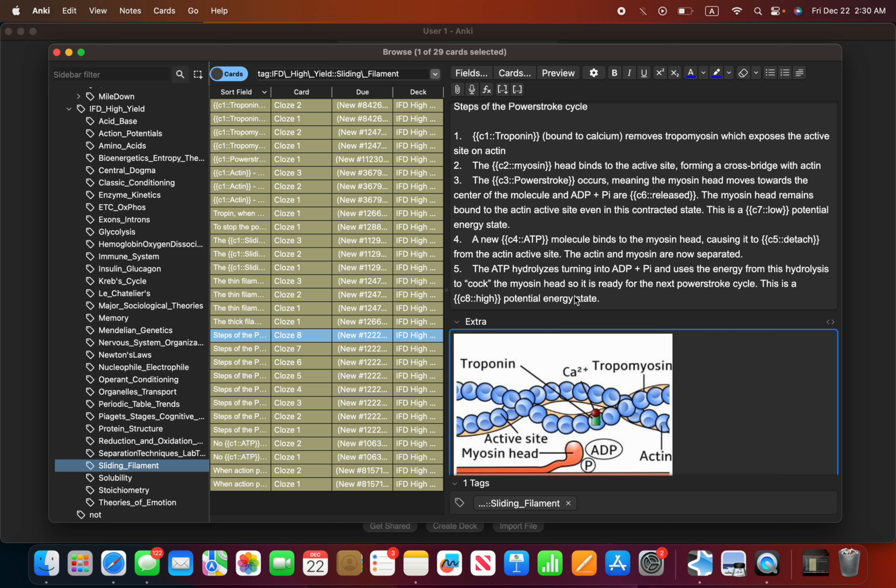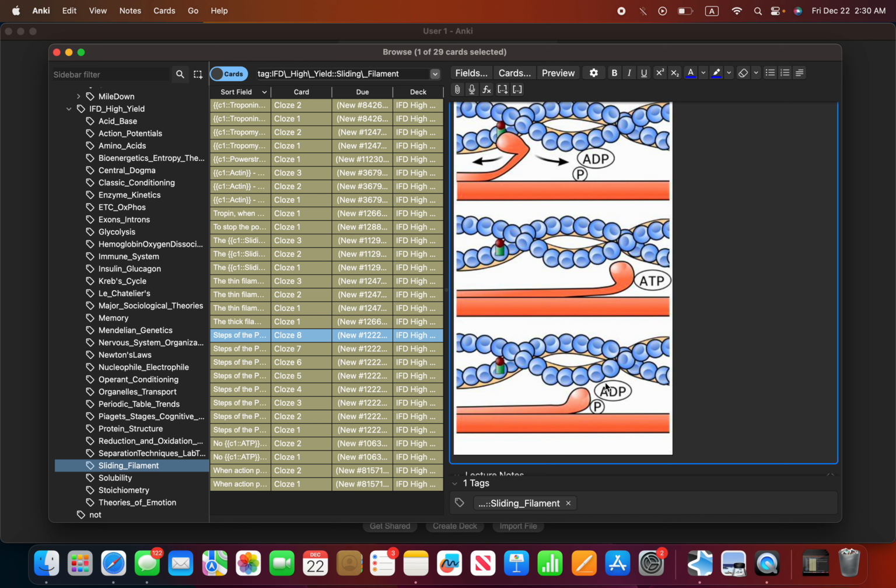So when ATP uses its energy and turns into ADP and inorganic phosphate, it is in a high potential energy state where the cycle repeats.